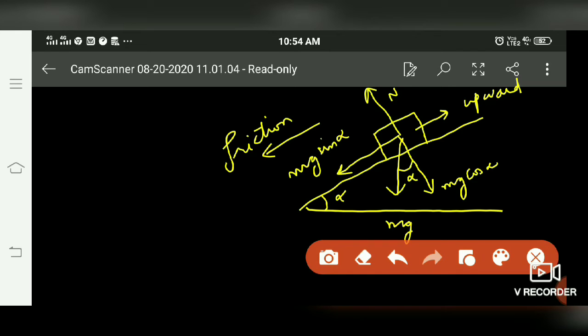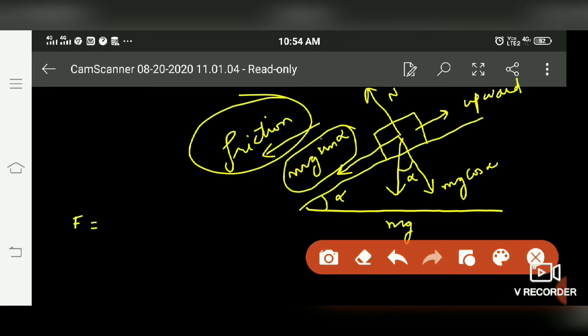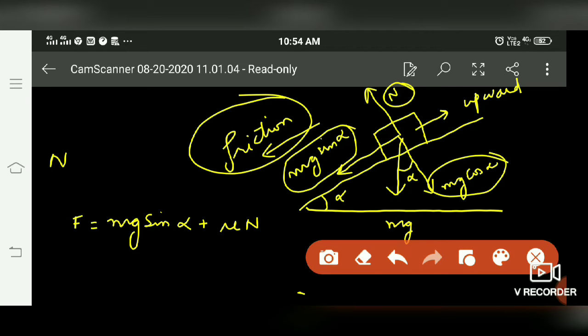So in this case the force we apply must be equal to or greater than mg sin alpha plus friction. Friction is nothing but mu into normal reaction, where mu is the coefficient of friction and N is the normal reaction. From here it is clear that normal reaction is equal to mg cos alpha.